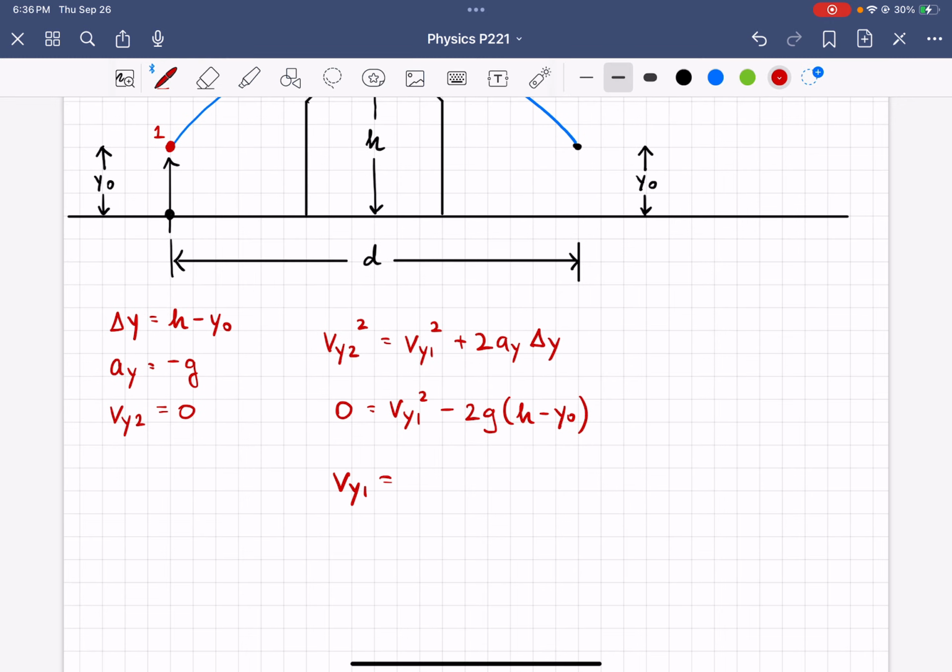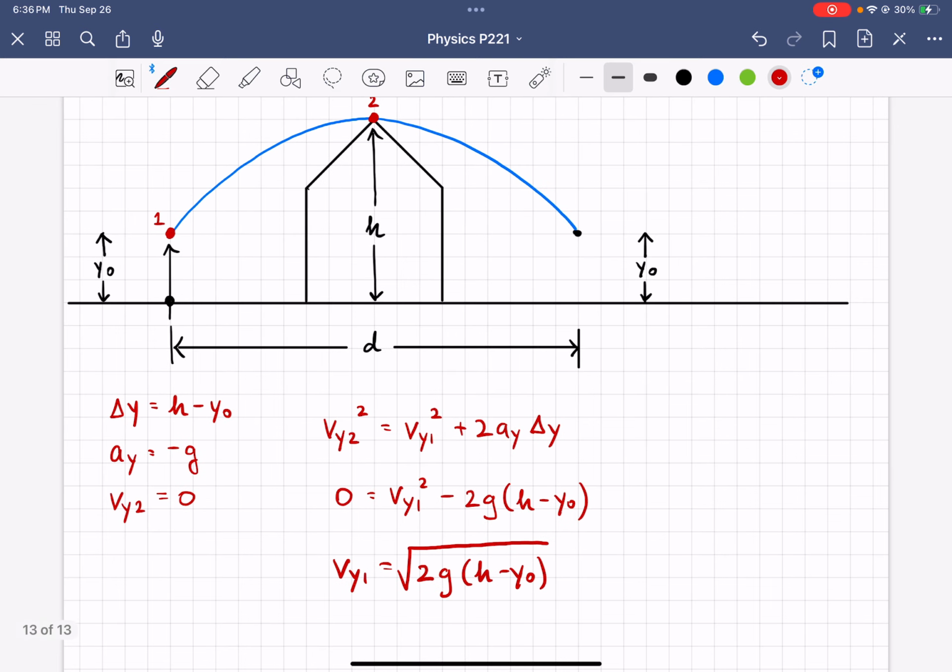Now, if I can find the x component of the velocity, then I can combine those and find the magnitude of the overall velocity. All right, so in the x direction, I know that the object has to travel half the distance between the two people during the time that it takes to travel from point 1 to point 2. So what is that time, first of all?